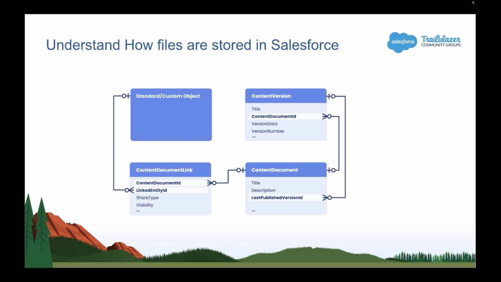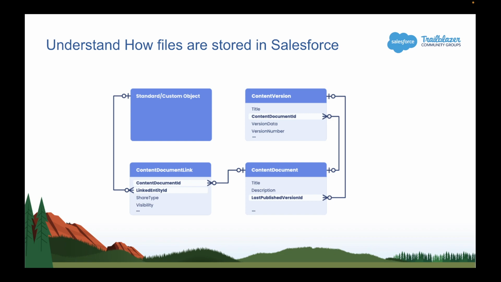And content document link is the one which plays a major role as well, which would link my standard or custom object record with my file which is stored in content version, using the content document object record. So this is basically how our files are stored in Salesforce.